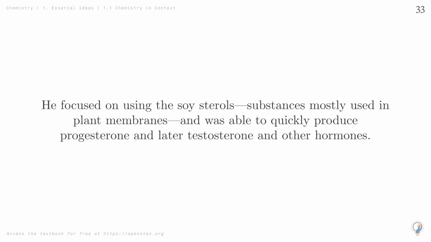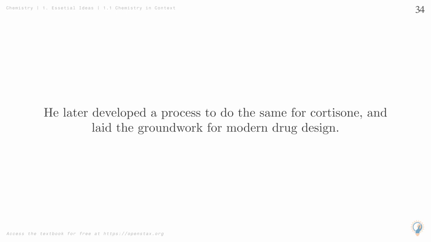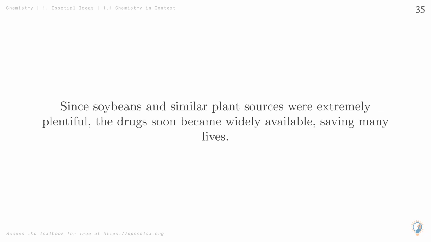He focused on using the soy sterols, substances mostly used in plant membranes, and was able to quickly produce progesterone and later testosterone and other hormones. He later developed a process to do the same for cortisone, and laid the groundwork for modern drug design. Since soybeans and similar plant sources were extremely plentiful, the drugs soon became widely available, saving many lives.